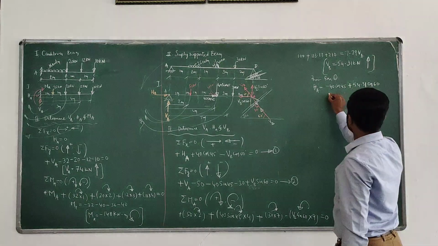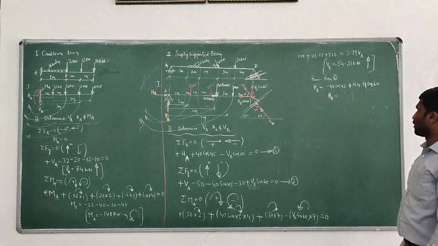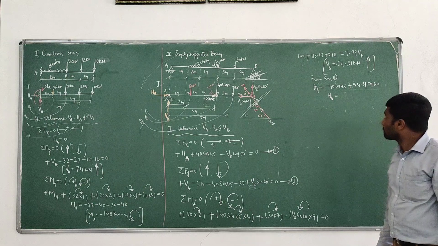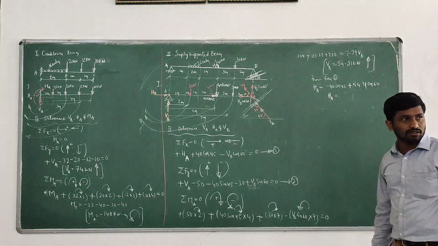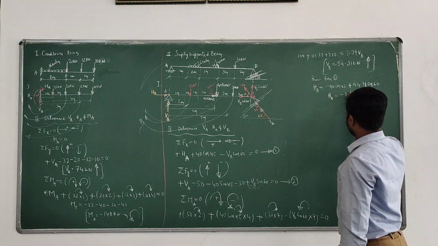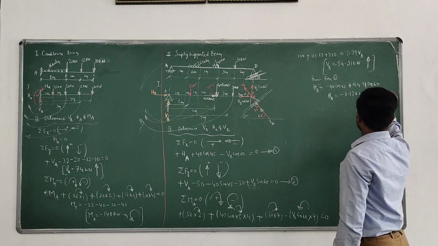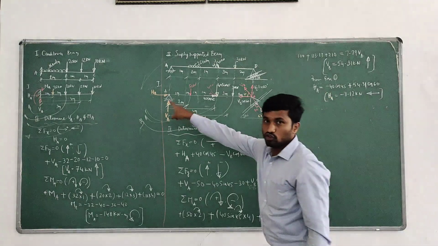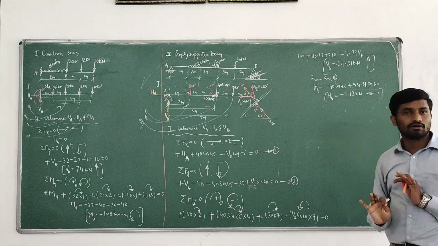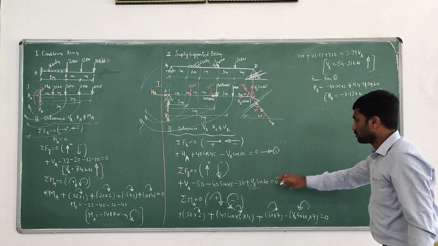So what is the value of HA? It is minus 1.112 kilonewton. Minus indicates acting to the left side. Whatever we assumed positive direction, we got negative. No problem, just indicate it here. Clear?